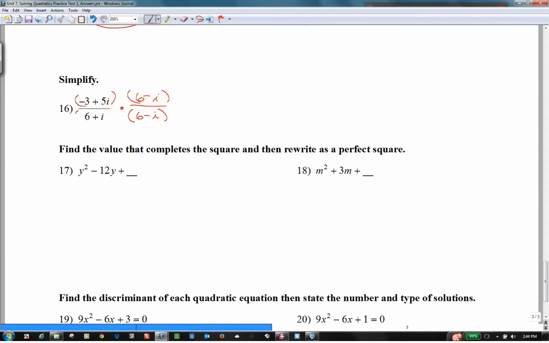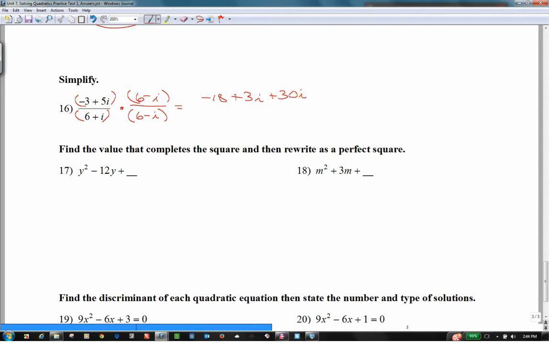So what this is going to be, the numerator will be a negative 3 times 6. That's a negative 18. A negative 3 times i, that's going to be a plus 3i because I have a negative times a negative. A 5i times 6, that would be plus 30i. And a 5i times a negative i would be a negative 5i squared.